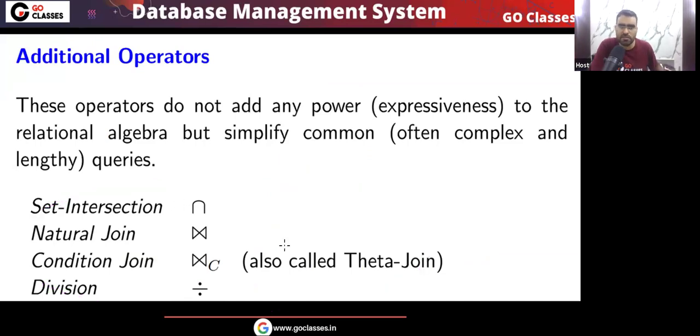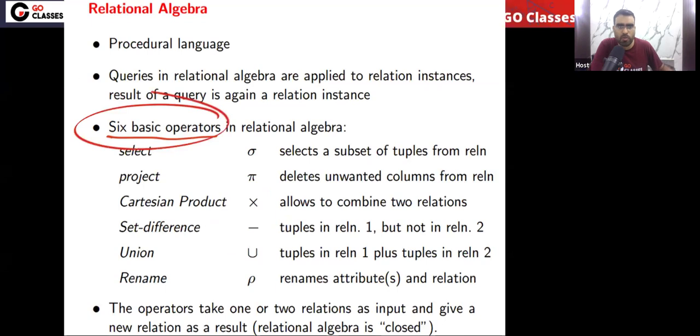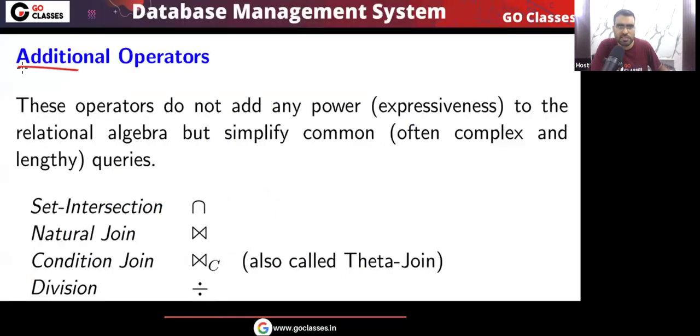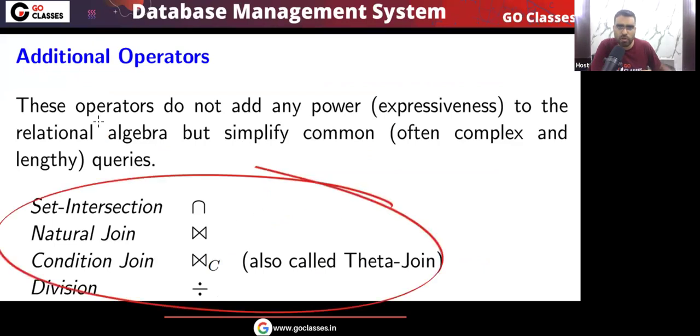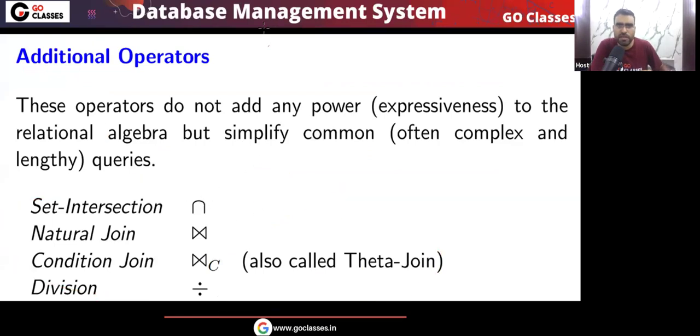Now tell me one thing. I am saying these are the basic operators, and these are the additional operators. So are these not basic? What is the meaning of basic and what is the meaning of these additional operators? Let me tell you, these additional operators are derived operators.